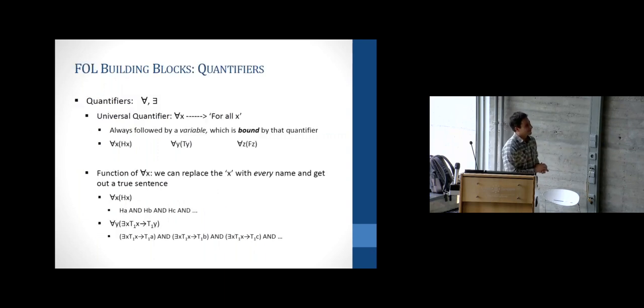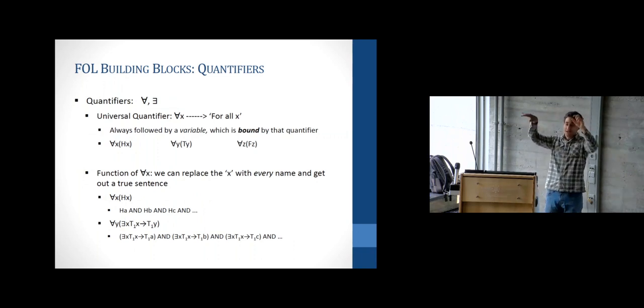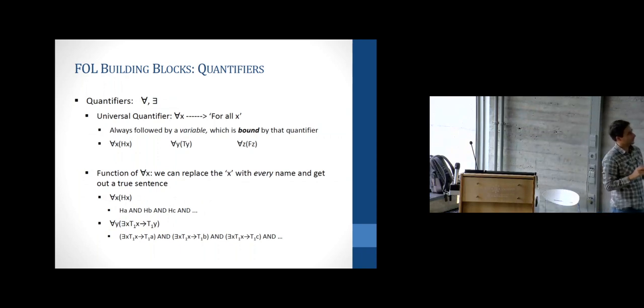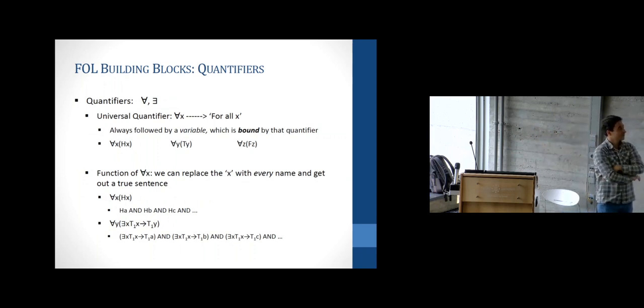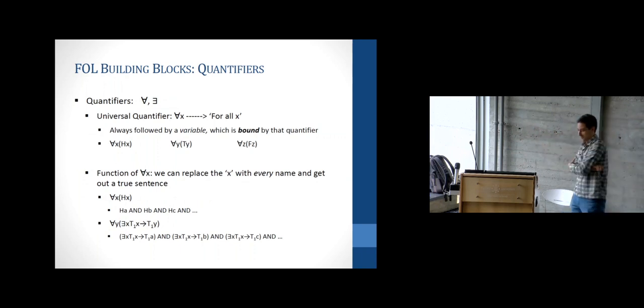To make sense of these x's and y's and z's, we need to understand the quantifiers. They go together. This is why you don't have to worry about sentences like Px. The universal quantifier is an upside down A, because it stands for all, and the switched E stands for exists. Okay?